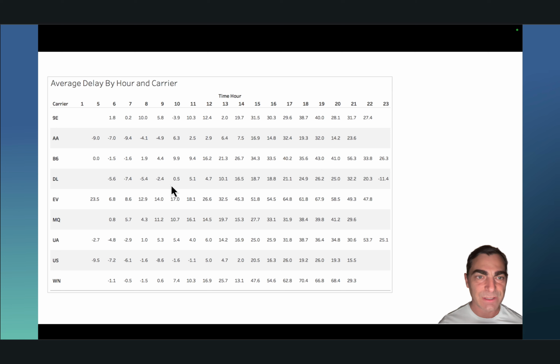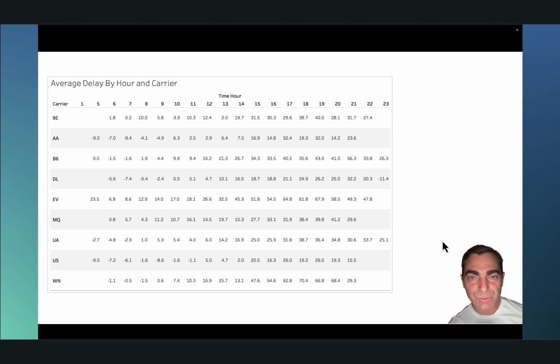In every row, you have one airline, and in every column, you have 1 hour of the day, time hour. And the numbers that you see inside the table is the typical amount of delays, or the average amount of delay that airline has at that time of the day.